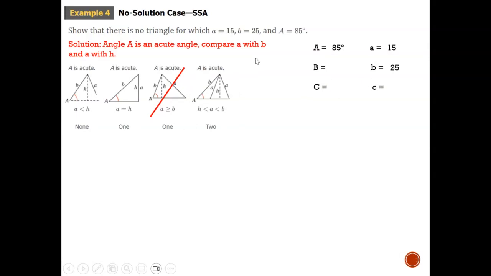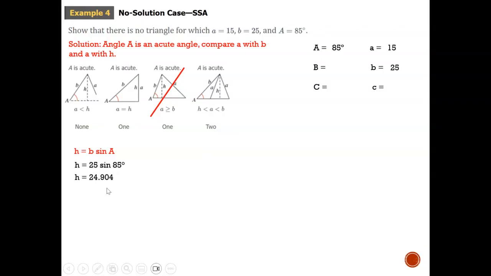So now I need to find my H. Once I find my H, we know exactly which one it is, if it's going to be none, or no solution, or one triangle, or two triangles. So H is equal to B times sine of A. So B is 25. A is 85 degrees. So it'll be 25 times sine of 85 degrees.